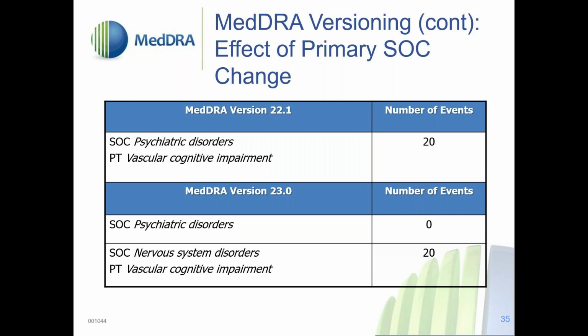So by changing the PT, the events from the SOC psychiatric disorders are gone and are now displayed in the SOC nervous system disorders. Again, there is no change in the type or the number of events, but the data is presented in a different way based on a MedDRA version change.